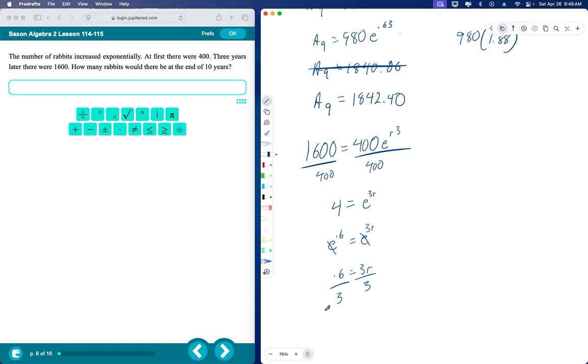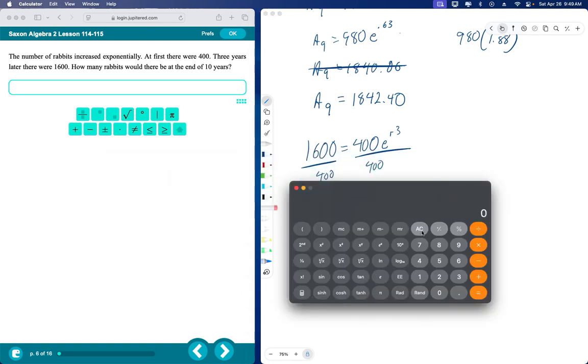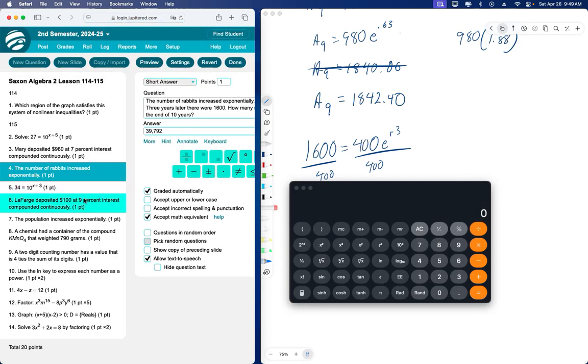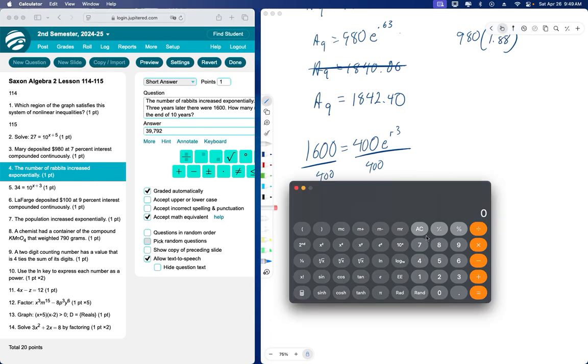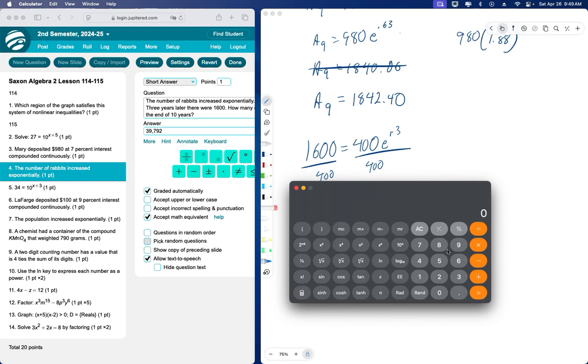I don't think that's right. Let me go backwards. That's why I don't like logarithms. Look, there's the answer right there.